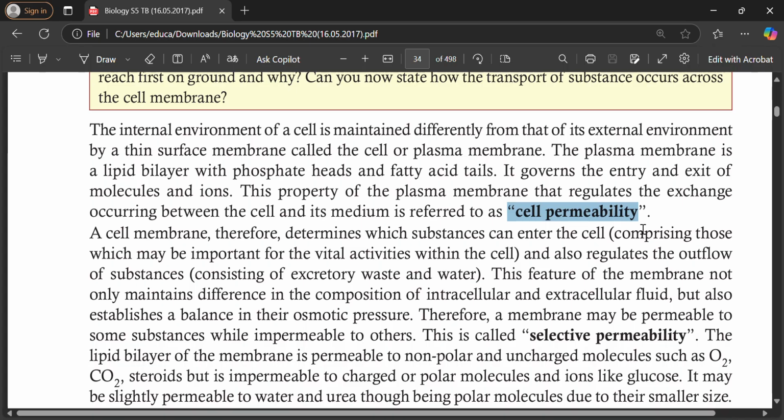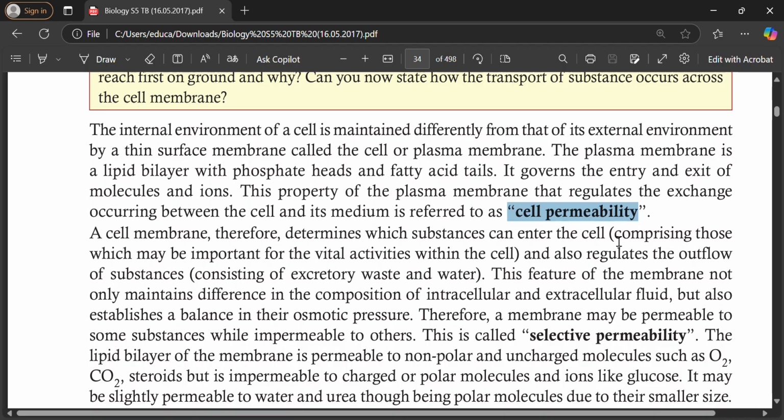Cell permeability is a property of a cell membrane which allows it to regulate what enters the cell. A cell membrane therefore determines which substances can enter the cell, comprising those which are important, and also regulates the outflow of substances containing excretory waste.